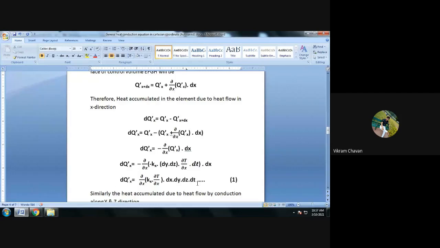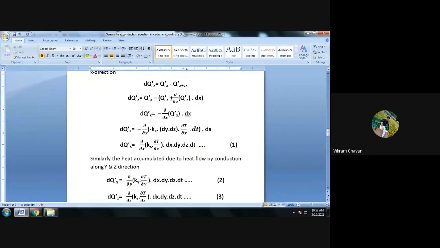In a similar fashion we have to determine the net heat accumulating inside the element in the y direction and z direction. So just change the axis in this equation, the suffix will be changed.